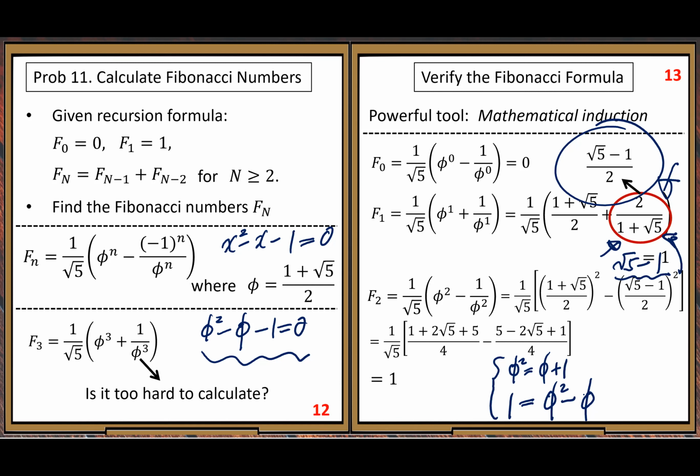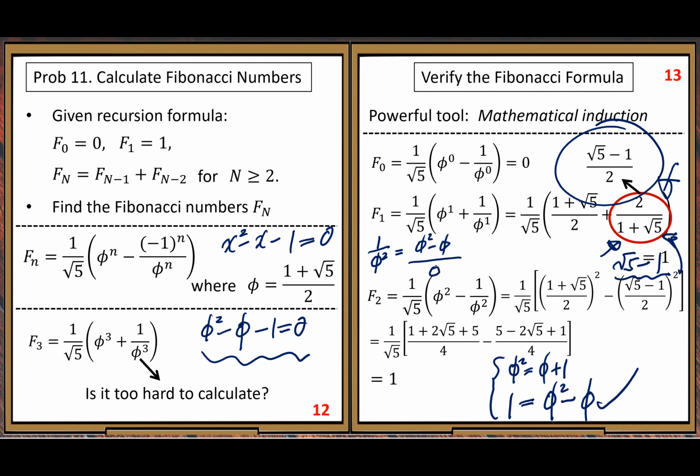Let me show you. Here I do not have much space, so I just use the blank space to do the calculation. Look at this, 1 over phi squared. I want to simplify this expression. When you see 1 at the numerator, can we replace 1 by phi squared minus phi, by the second property?